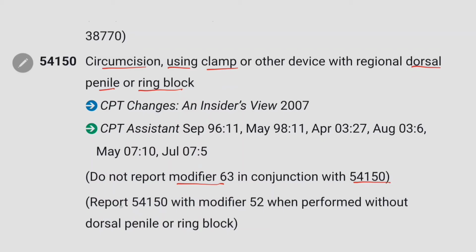And this is an important parenthetical note, that is report 54150 with modifier 52 when performed without dorsal penile or ring block. See, this code 54150 is for circumcision using clamp with regional dorsal penile or ring block. This is for with dorsal penile or ring block, right? If they have mentioned without dorsal penile or ring block, then you have to use 54150 with modifier 52. And this code is for using clamp.